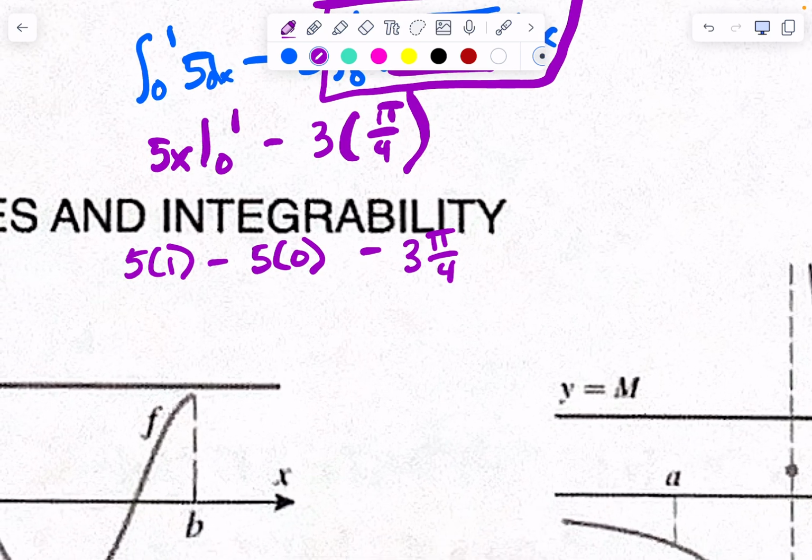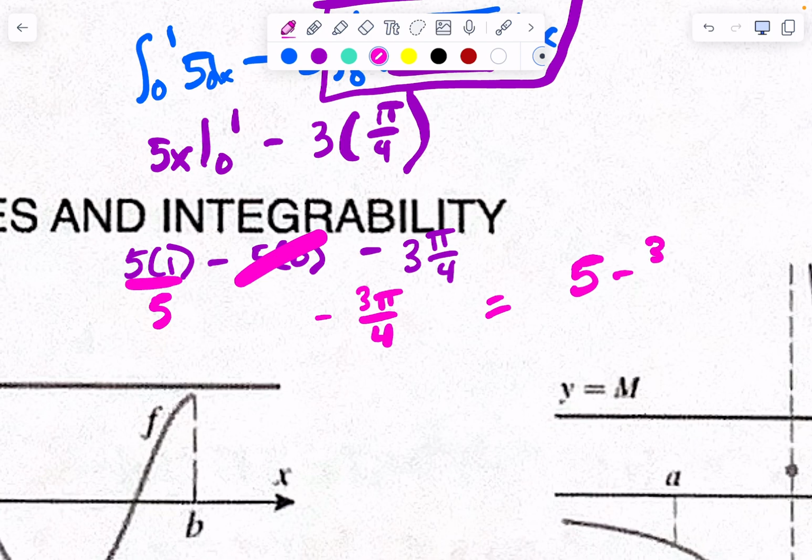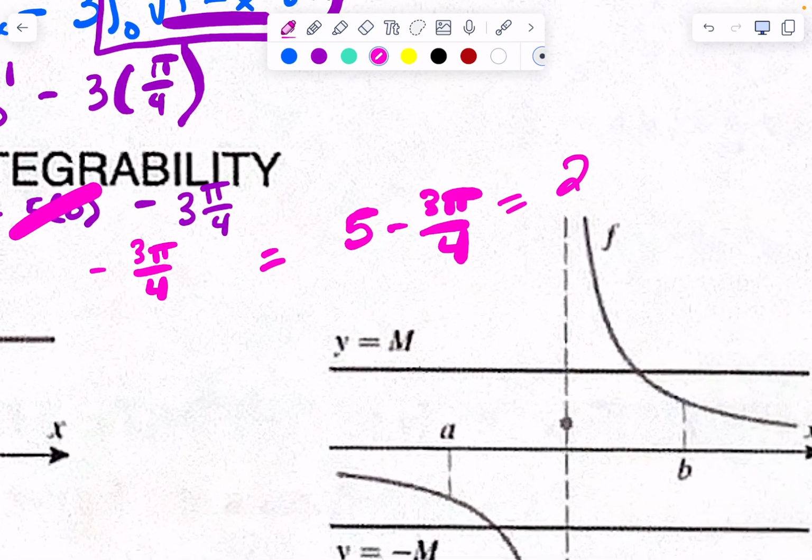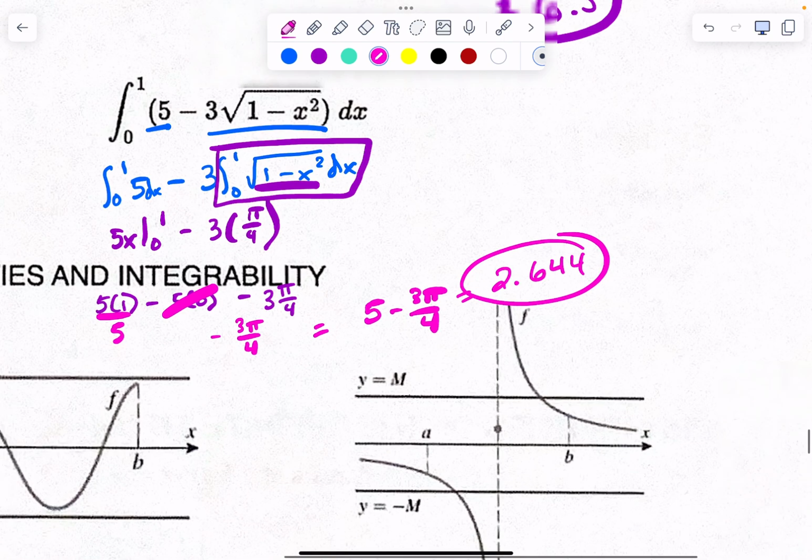Okay, 5 times 0 goes away. This is 5 minus 3 pi over 4. Probably just 5 minus 3 pi over 4. Or let's just do a decimal. 2.644. Is that the last thing? Yeah.